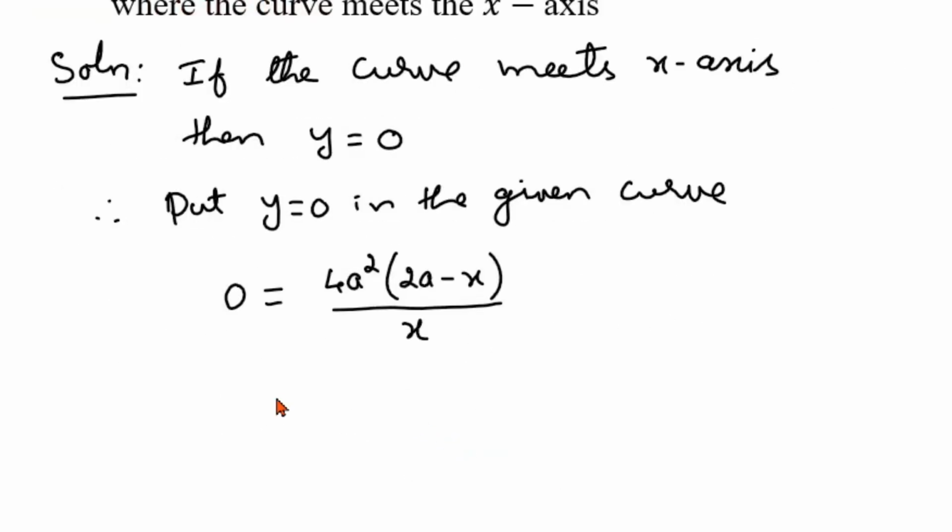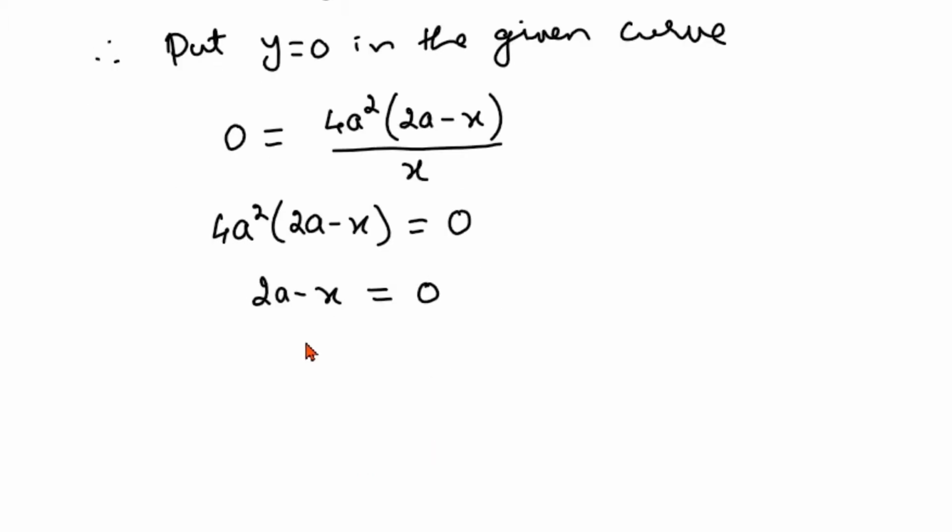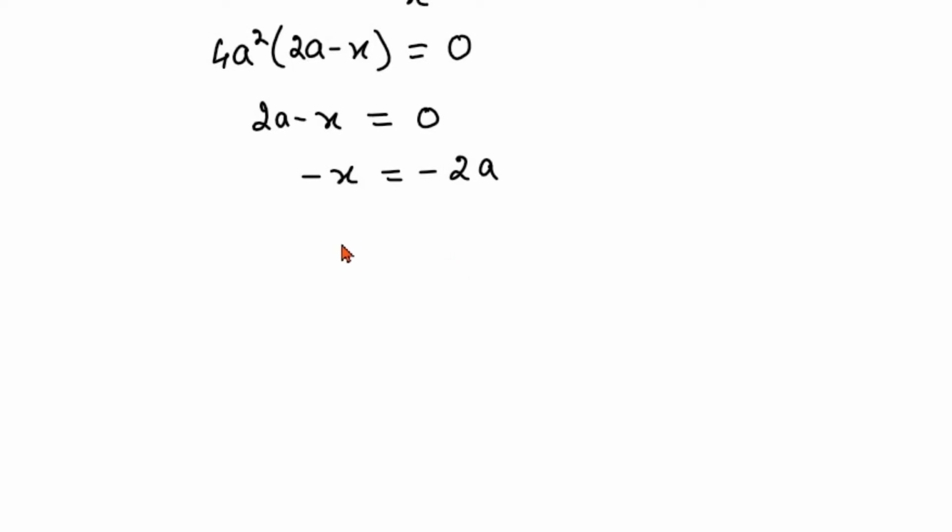This can be rewritten as 4a square times (2a minus x) equals x times 0, which is 0. Send the 4a square to the other side, so 2a minus x is equal to 0, so minus x equals minus 2a, the negative sign cancels out, and we get the value of x to be equal to 2a.